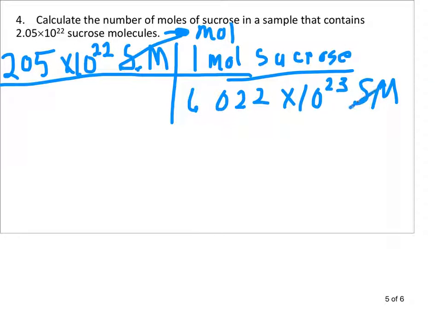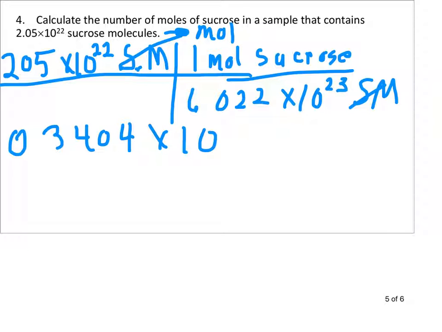Sucrose molecules divide out sucrose molecules. We take the 2.05 divided by the 6.022, which gives us 0.3404. That's plenty of digits.